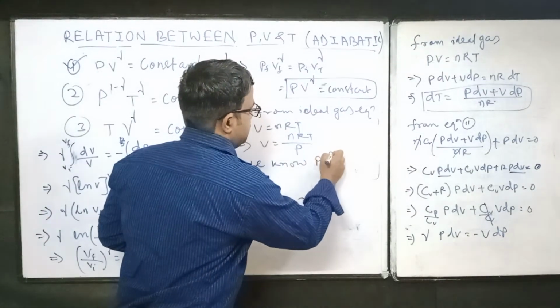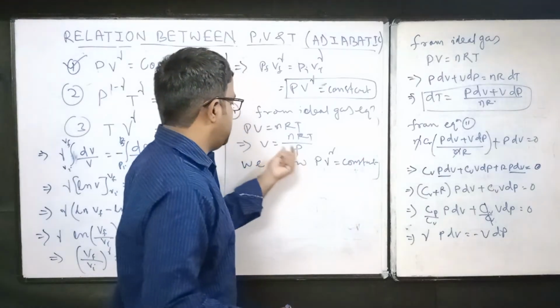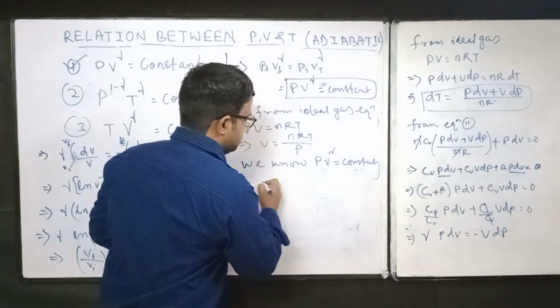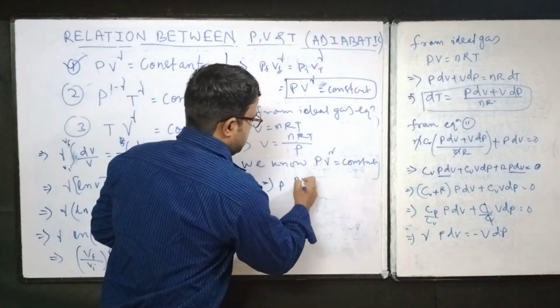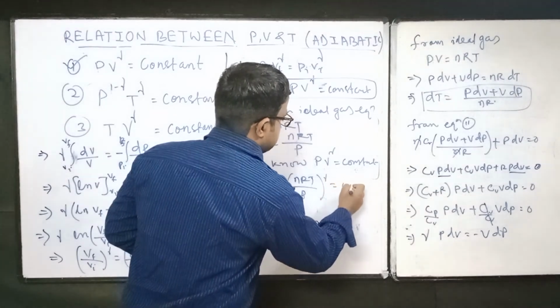We know that PV to the power gamma is a constant. So I'll replace the V value here, and I'll get P times (nRT upon P) to the power gamma is constant.